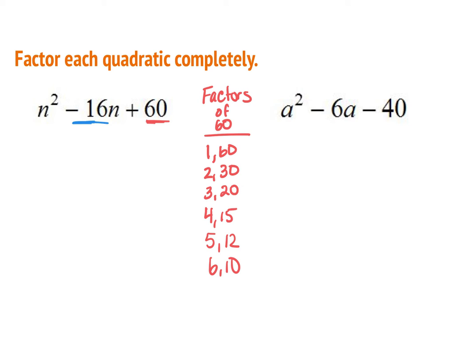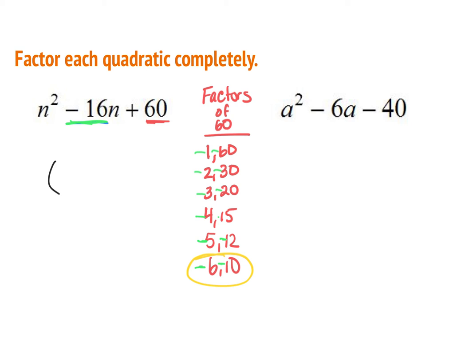When two numbers multiply together to give me a positive, either both of the numbers are positive or both are negative. They both must be negative because they add up to negative 16. So which pair of factors gives me negative 16? Negative 6 and negative 10.